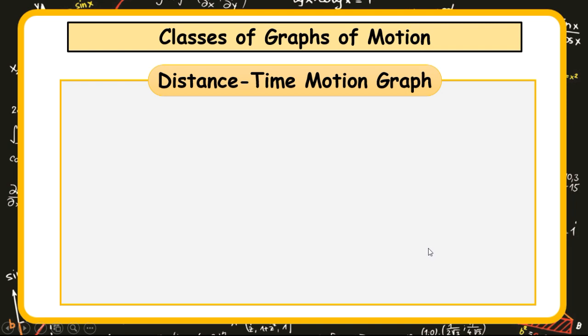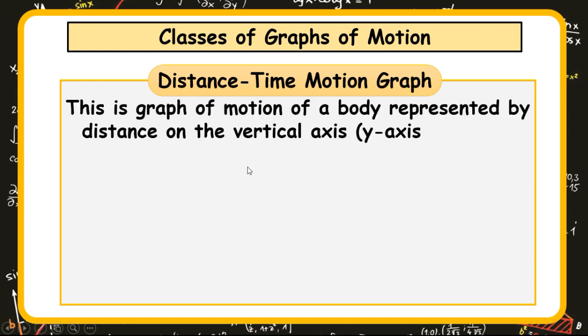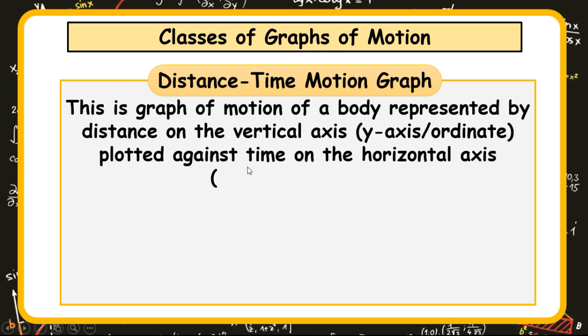And before even we go into the technicalities, you could easily see it's a graph whose axes are distance and time. So technically we'll say that the distance time graph is a graph of motion of a body that is represented by distance on the vertical axis plotted against time on the horizontal axis.